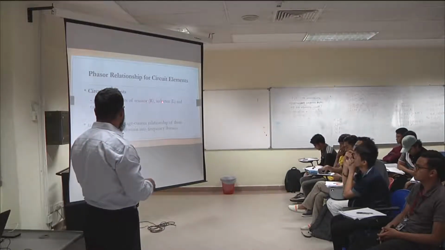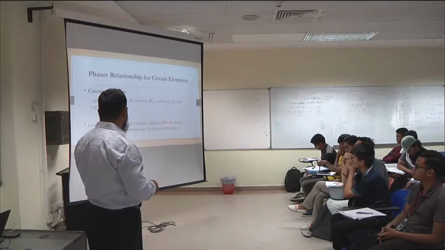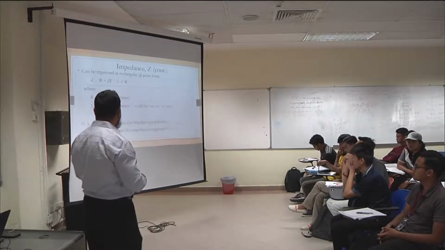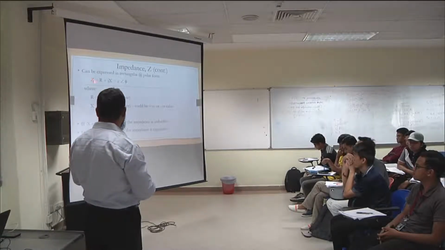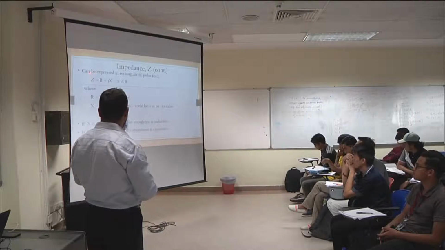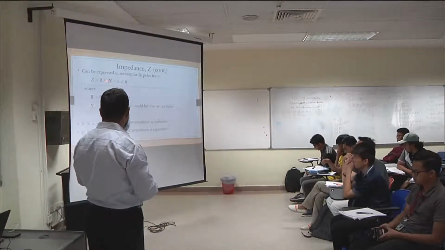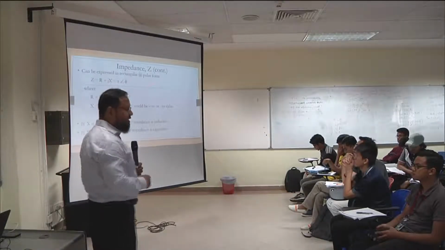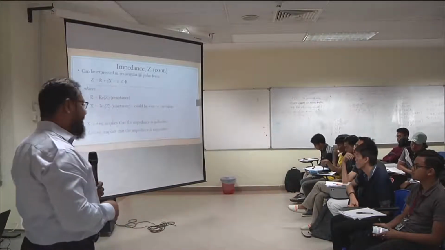Passive elements, resistor, inductor, and capacitor, transform the voltage-current relationship of those elements in the time domain into the frequency domain. Okay, so impedance continued, we have covered these, right? Z can be expressed in polar form. So this is the impedance in rectangular form. Obviously, anything that is given to you in rectangular form can be expressed in polar form, and vice versa.